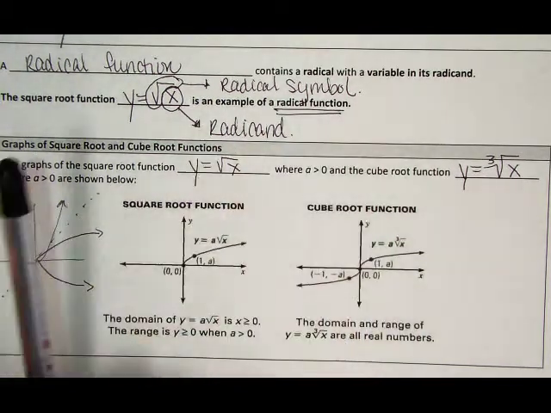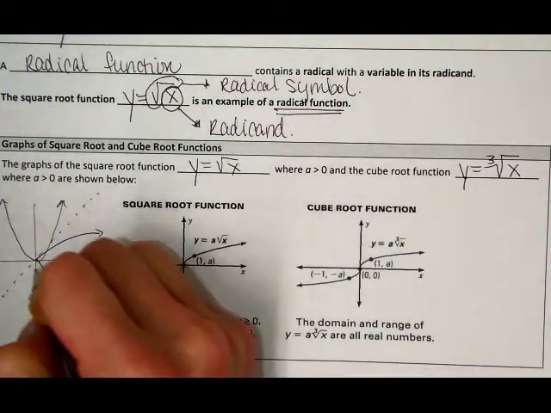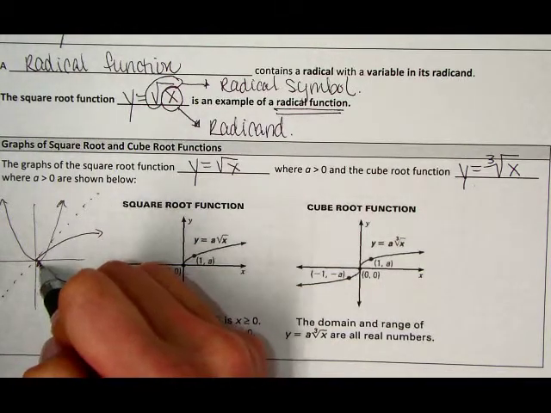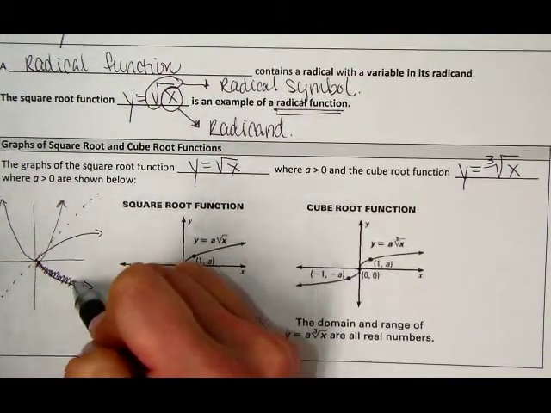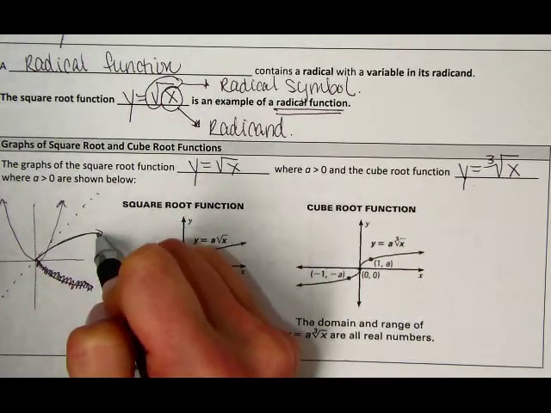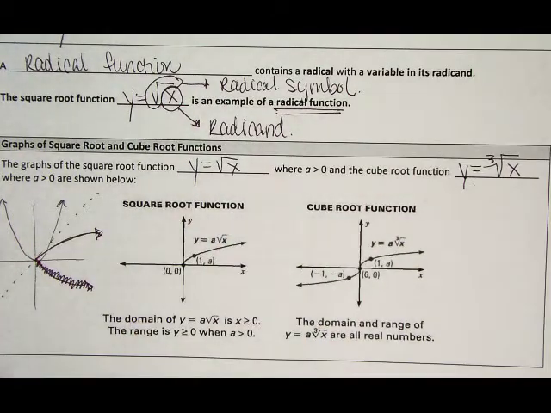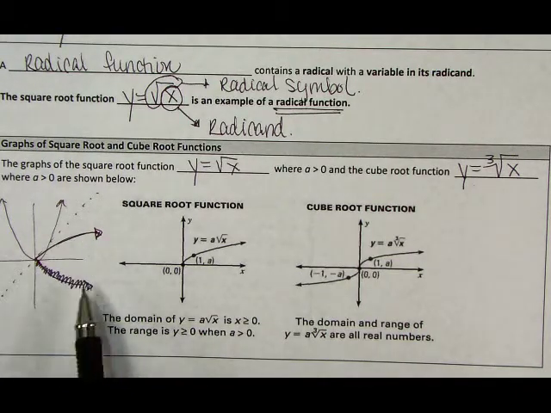But remember, that does not pass the vertical line test. So your square root function, we're going to erase this bottom part, is only the top part, not the bottom part.